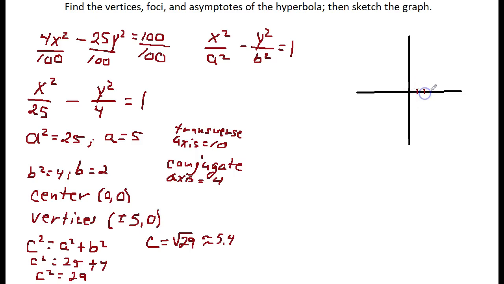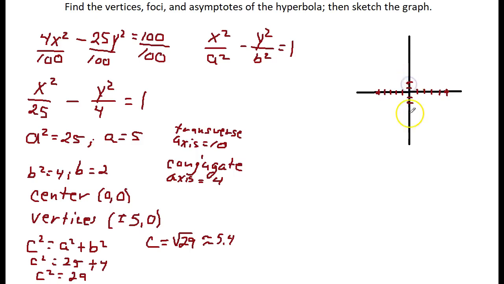Now, let's get our points on. There's 1, 2, 3, 4, 5 units, so that's negative A. And then up 2 units, and down 2.